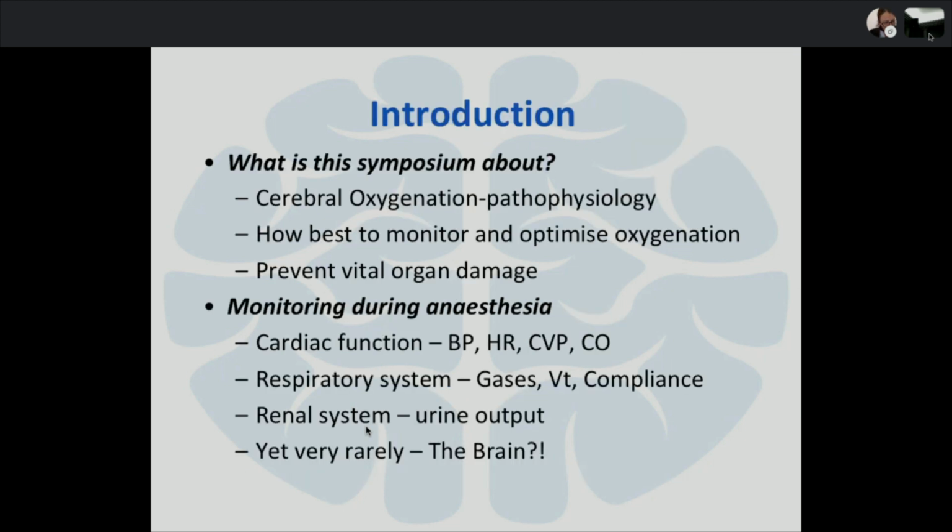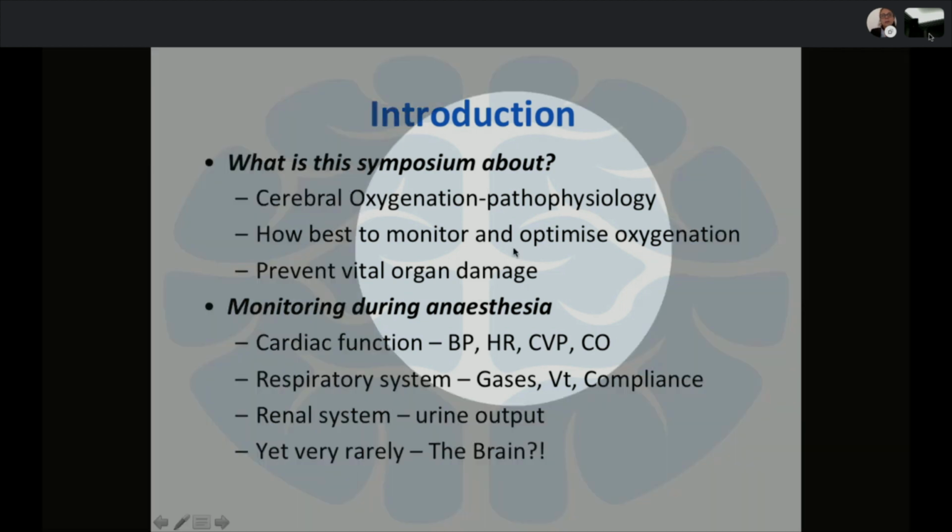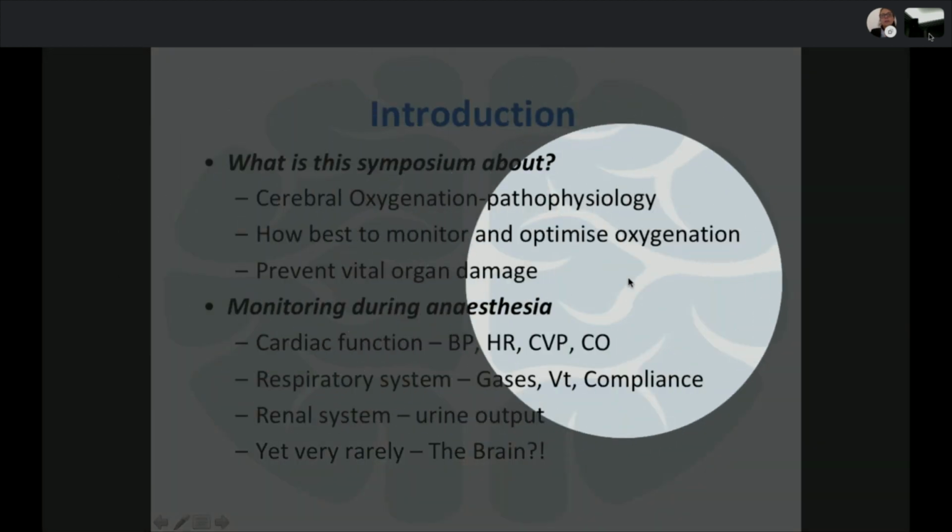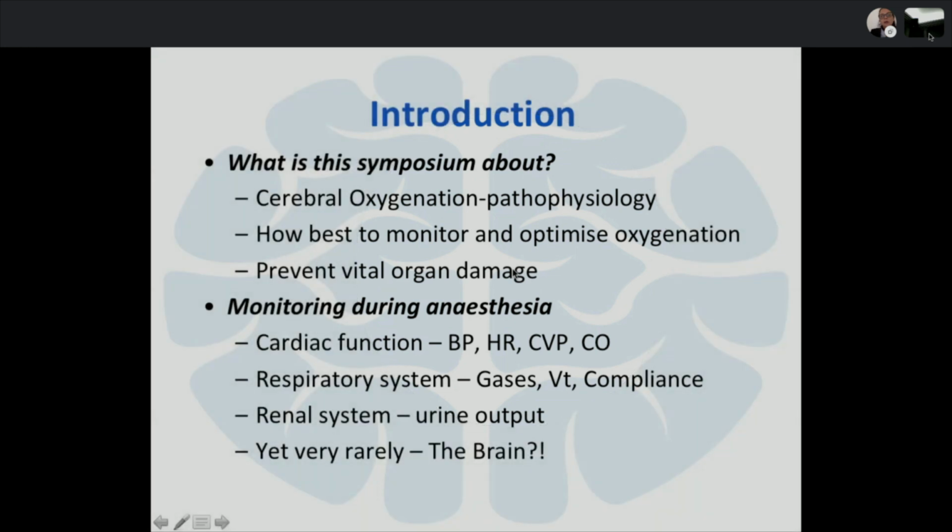And this is basically the agenda for the next 40-45 minutes. So basically we are going through the pathophysiological principles of cerebral oxygenation, and we are going to discuss which is the best way to monitor and optimize the cerebral oxygenation in order to prevent brain damage and secondary brain injury.